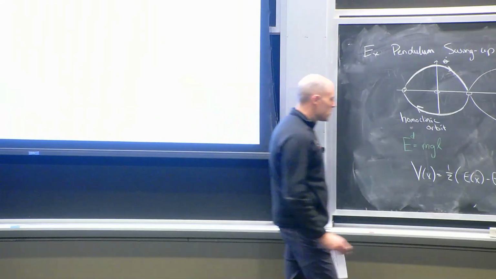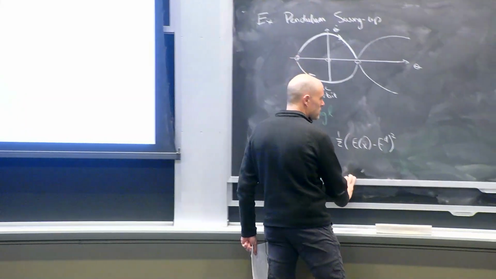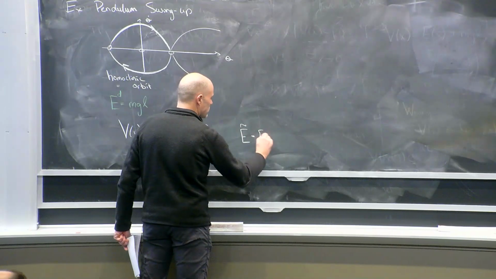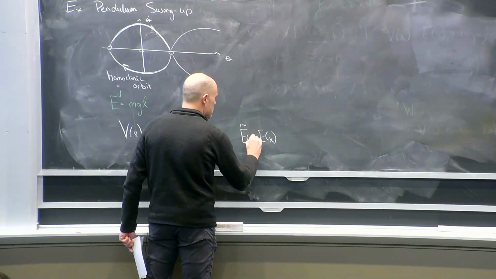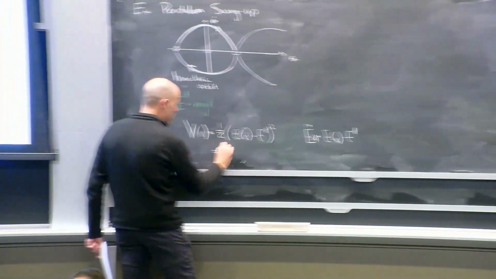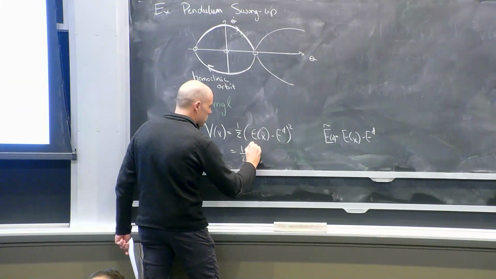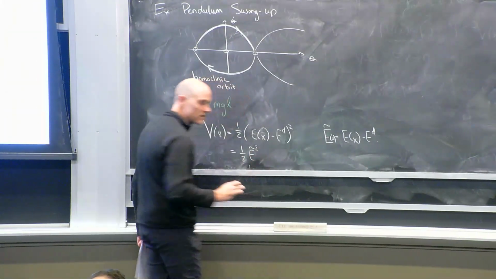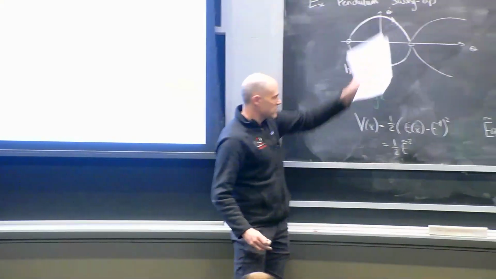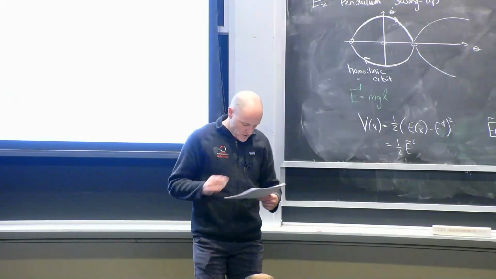If I use error coordinates, I can just write this as 1/2 E tilde squared. I see this as basically taking x squared as my Lyapunov candidate. It's a little bit more subtle because of the shape, but that's still fine.